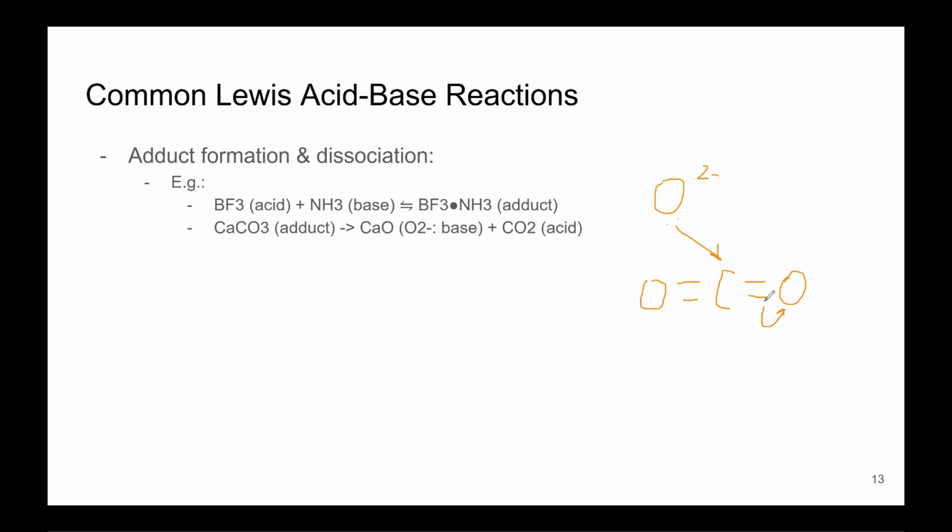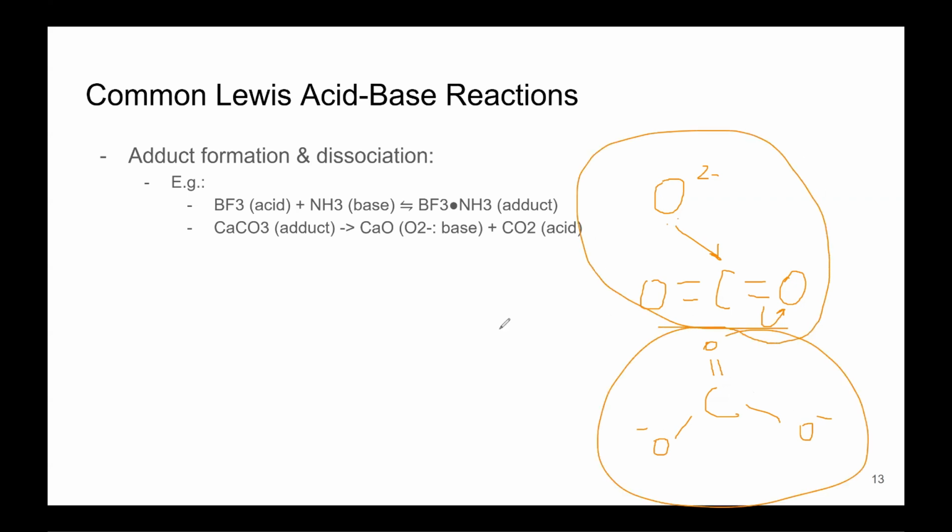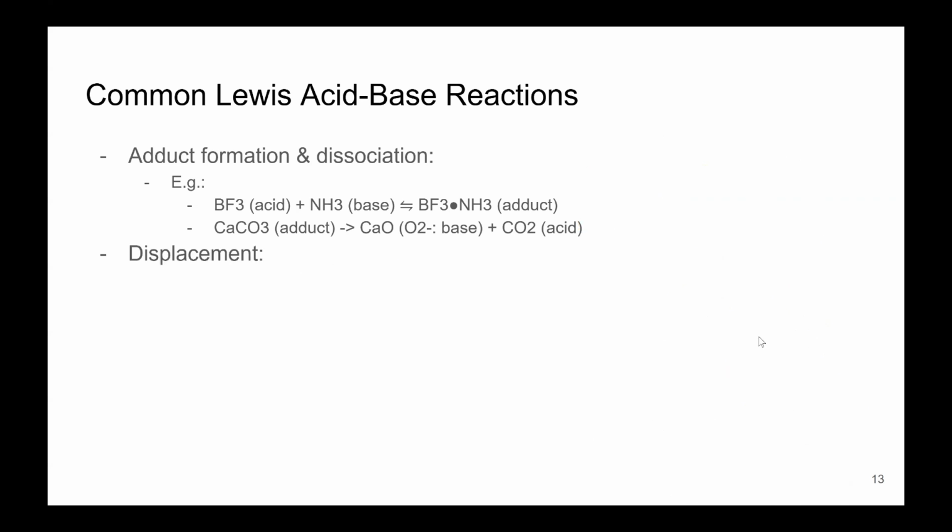And if this bond pair goes to become a lone pair on oxygen, then we will have our CO3 2 minus ion. So yeah, when this decomposes back to its original acid and base, then it's called an adduct dissociation. So this is an example of adduct dissociation.